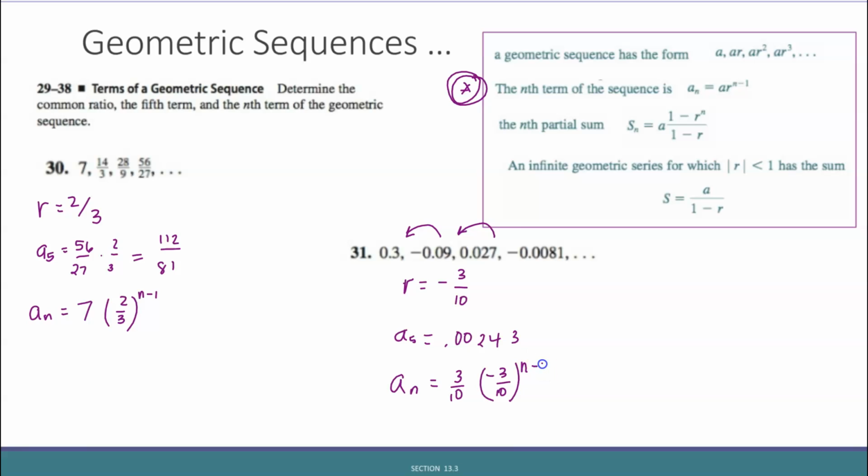I would be plugging it in when I want a specific term. And there it is. We do not combine these because this negative 3/10 belongs to the n minus 1 power. So I cannot combine it with anything. Be careful there. This 3/10 is going to stay on the outside.